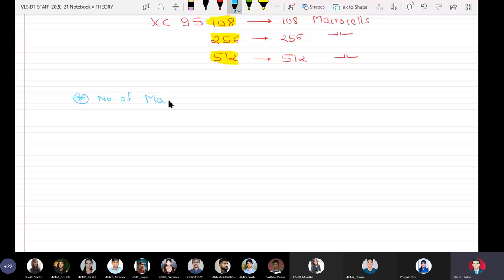So we can say that the number of macro cells is the unit used to express the logic density of a CPLD.